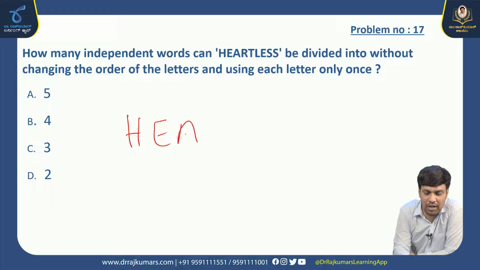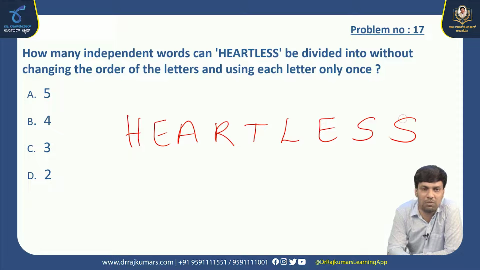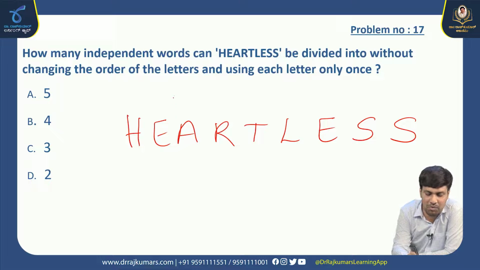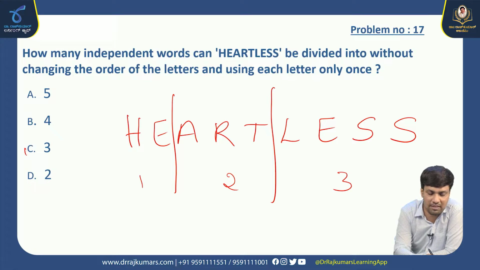The word here is "heartless". We need to break it and check how many independent words can be formed. From the word heartless, we found "he", next is "art" and there is "less". Only 3 meaningful words can be derived from the word heartless without repeating any letter. So the right option for this question is option 3.